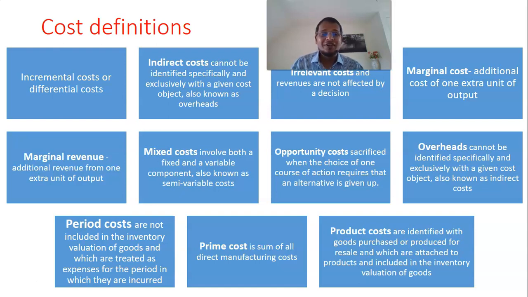The salary of the production manager will remain the same, even if you produce more, activity is more. So it's not directly relating to the volume of activity. So indirect costs are overhead cost that actually doesn't relate to the volume or products.